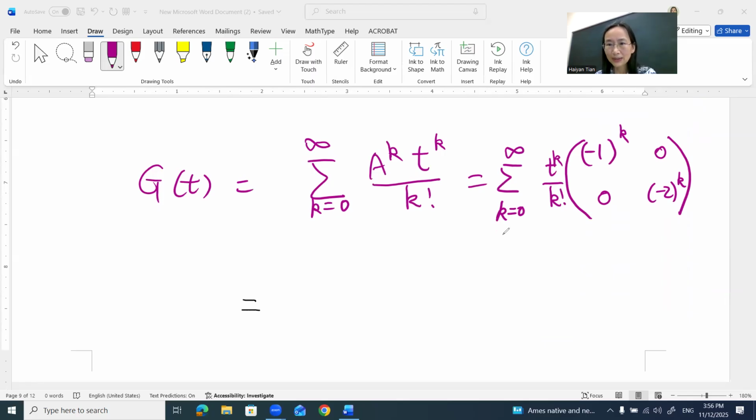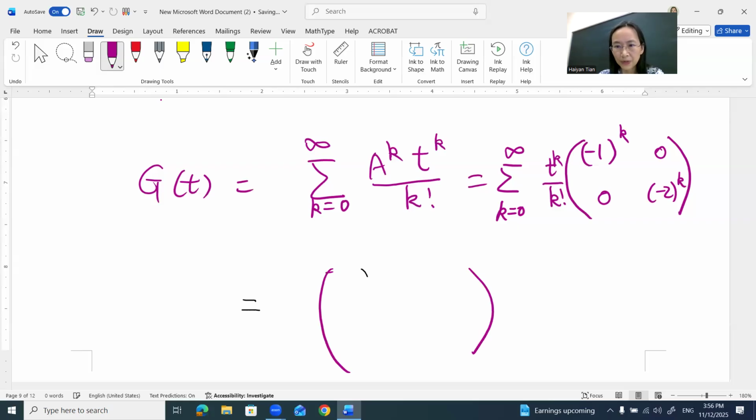So we have to add corresponding entries of these matrices. Let's look at the entries. It's the 2 by 2 matrix. Each entry is multiplied by this number t to the K over K factorial, right?